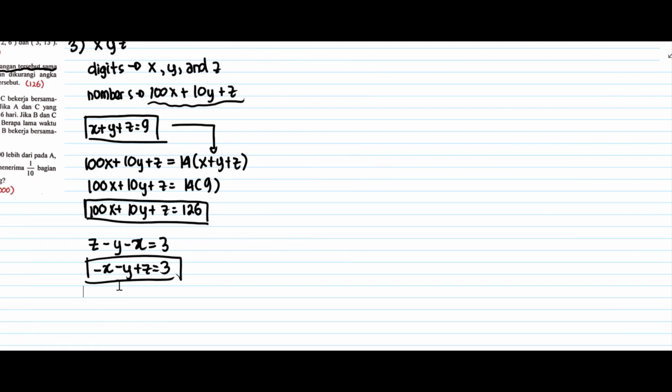Oke, kita tulis lagi persamaan tiga-tiganya. Kita punya x tambah y tambah z sama dengan 9. Terus 100x ditambah 10y ditambah z sama dengan 126. Terus minus x minus y plus z sama dengan 3. Nah, sekarang z-nya udah sama semua, berarti kita bisa langsung kurangin.